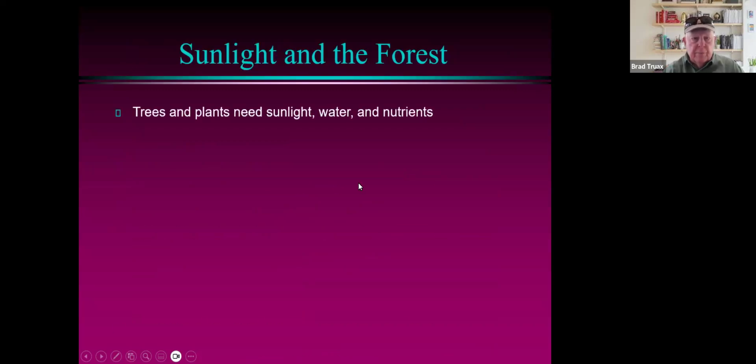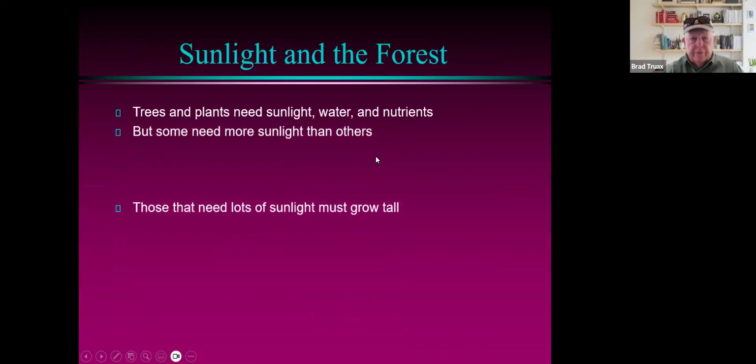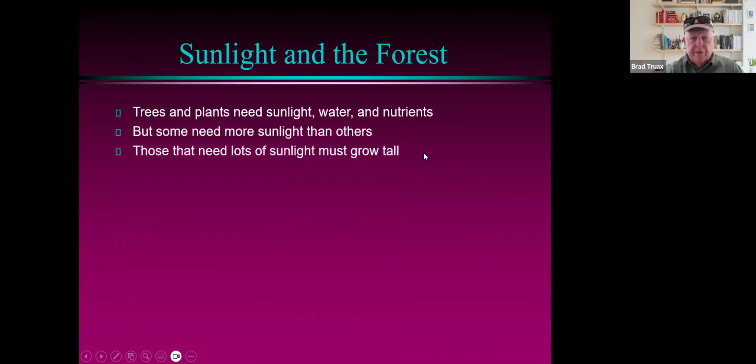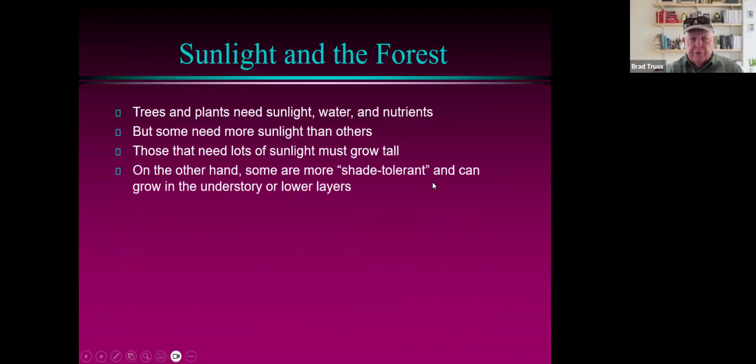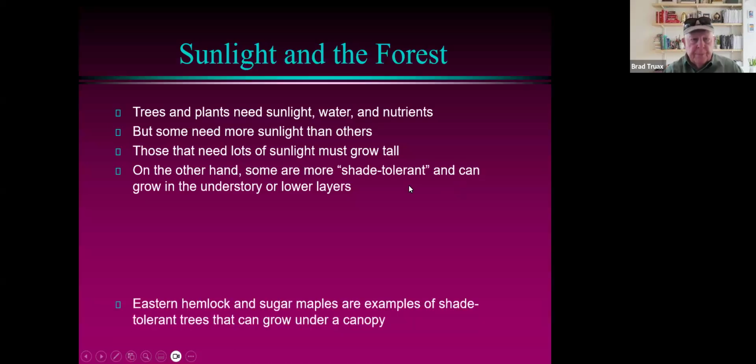Sunlight in the forest is important. Trees and plants need sunlight, water, and nutrients. And some need more sunlight than others. Those that need lots of sunlight have to grow tall. And on the other hand, there are some shade tolerant plants that can grow in the understory or some of the lower layers.